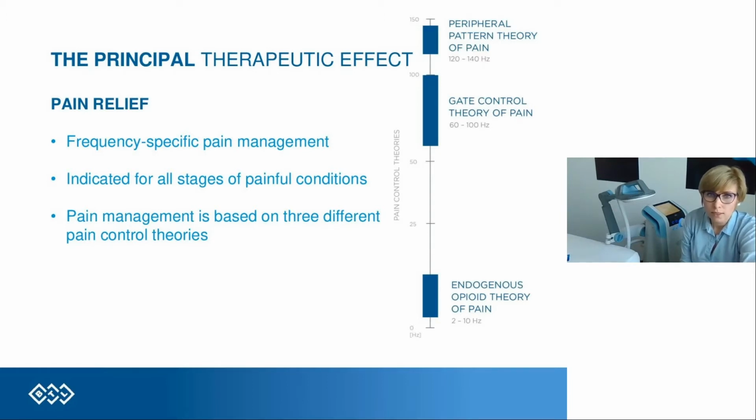We are covering the gate control theory of pain, which is intended for subacute and acute patients, and peripheral pattern theory of pain, which is intended for subacute patients as well. So we are covering those three pain control theories to be sure that we can manage the pain and we can relieve the pain.